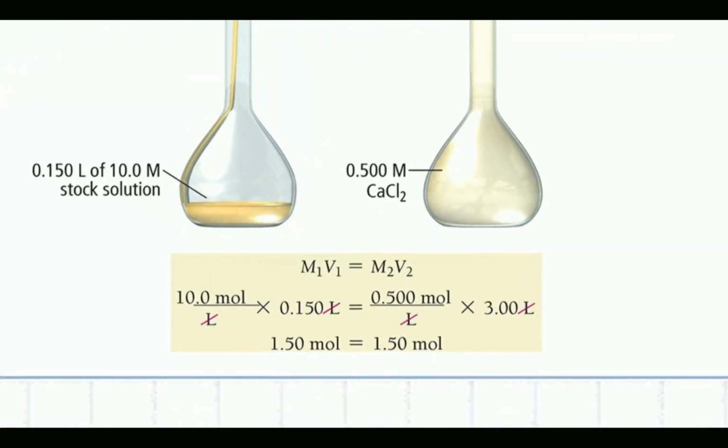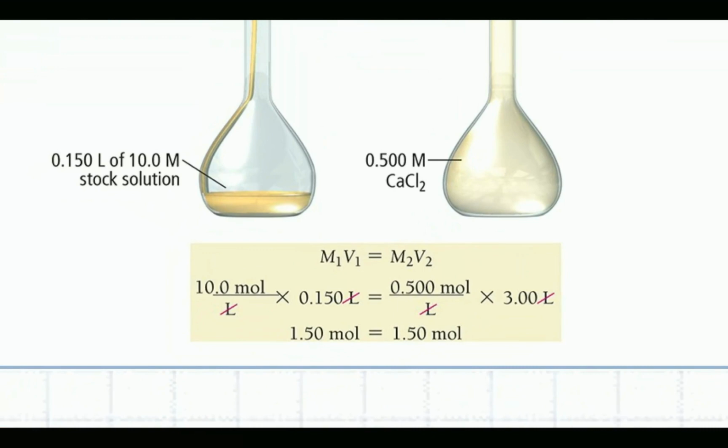I'm going to zoom in on the calculation on the bottom here. The desired concentration is going to be 0.5 moles per liter. So you say, I've got a 3-liter flask, I want 3 liters of the solution, and I want a concentration of 0.5 moles per liter. That means I need 1.5 moles of calcium chloride. Now that's coming from another solution.